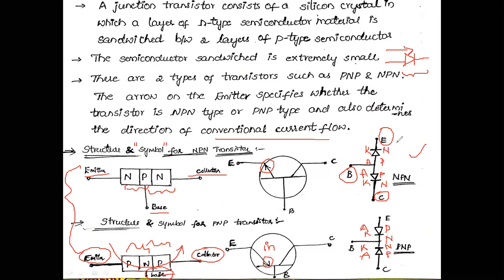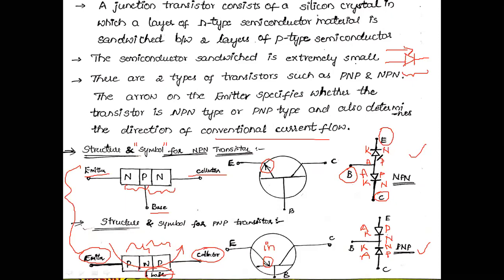Two diodes back to back can be connected like this for the PNP type and NPN type of transistor. This is the layered diagram for PNP type of transistor, and the layered diagram for NPN type of transistor. The same diagram can be represented by using diode format, that is diodes connected back to back.